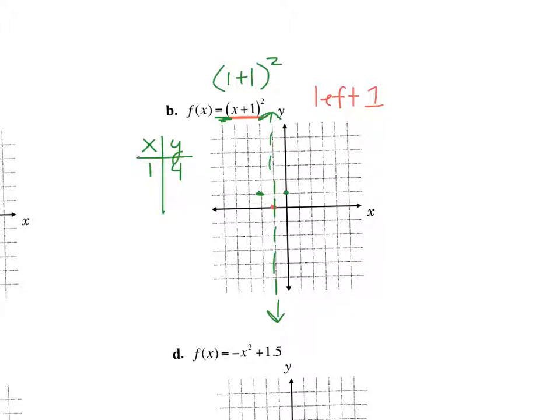So plot the point 1, 4. Okay, now we're going to reflect it. Be careful when you reflect. We went 2 to the right, so you need to go 2 to the left. That means my graph looks like this. Okay, it's my parent function, just shifted 1 to the left. Do you see it? Okay.